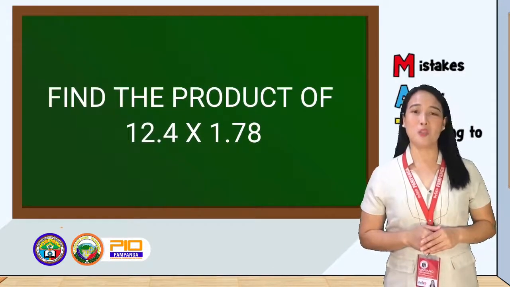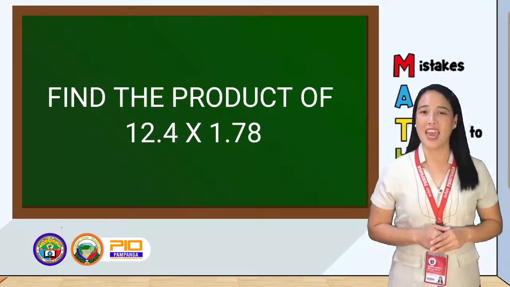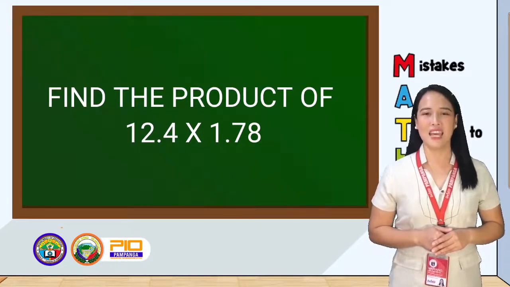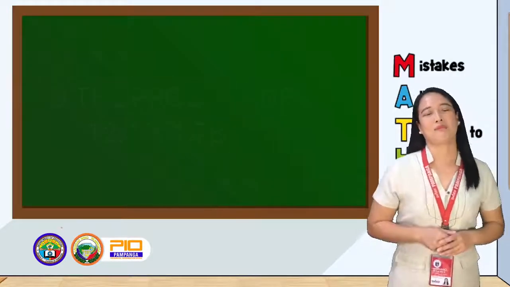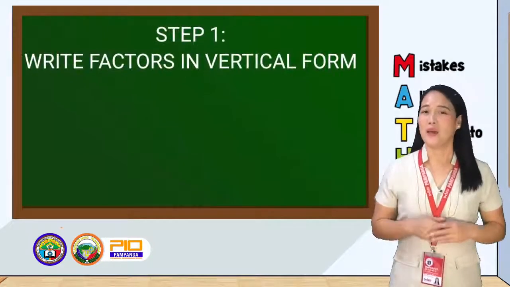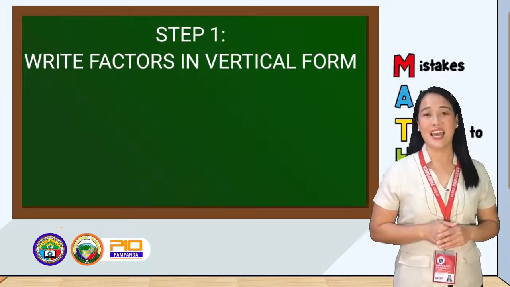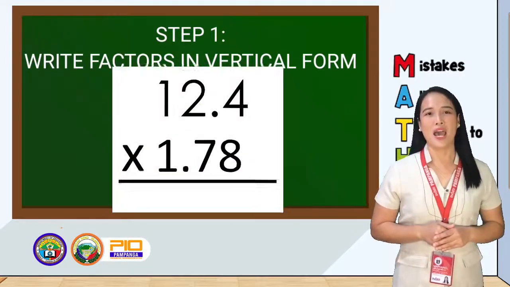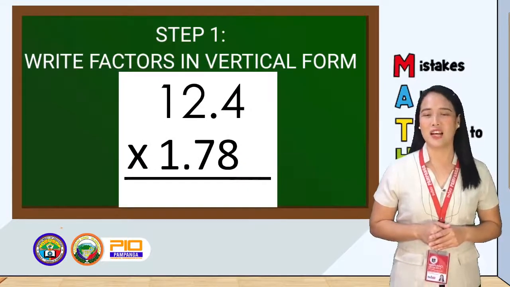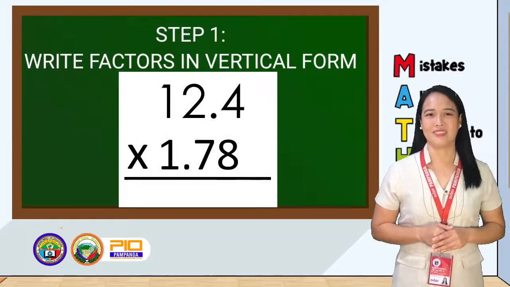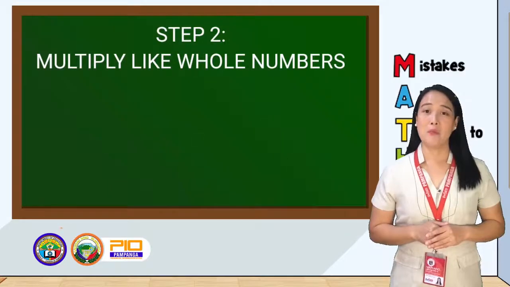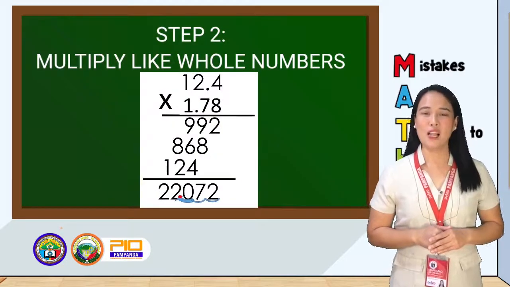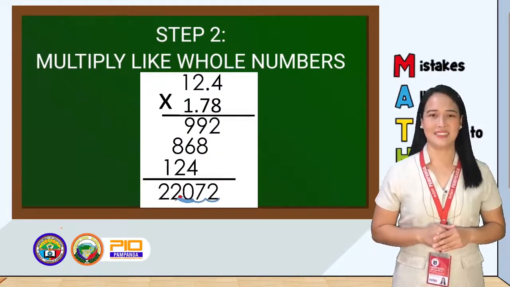Find the product of 12 and 4/10 and 1 and 7/8. Let's follow the 3 steps. Step 1. What is it, Super K-Kids? Yes, write the factors in vertical form. Let's have the step 2. Multiply like whole numbers.